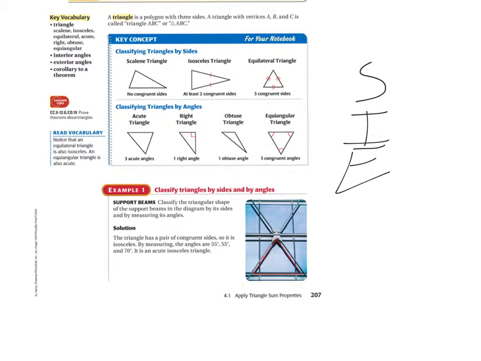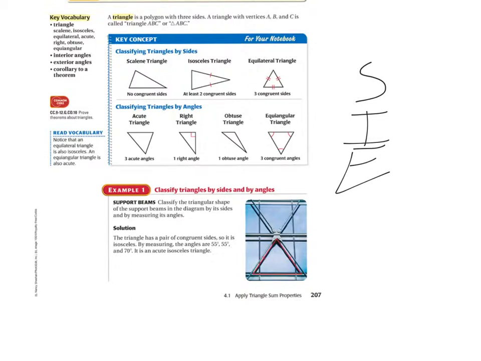Okay, so this one they are asking you to classify the triangle by the sides and angles. If you look here, let me get my little pointer here. It's a little hard to see, but you have this side and you have this side that are congruent.